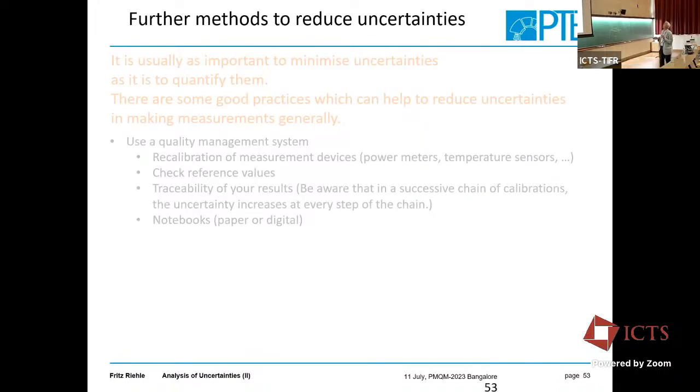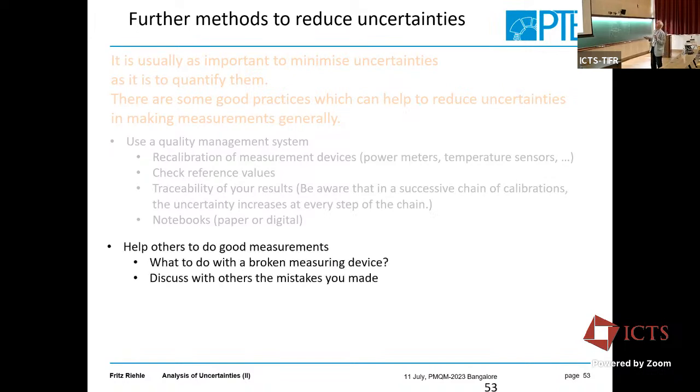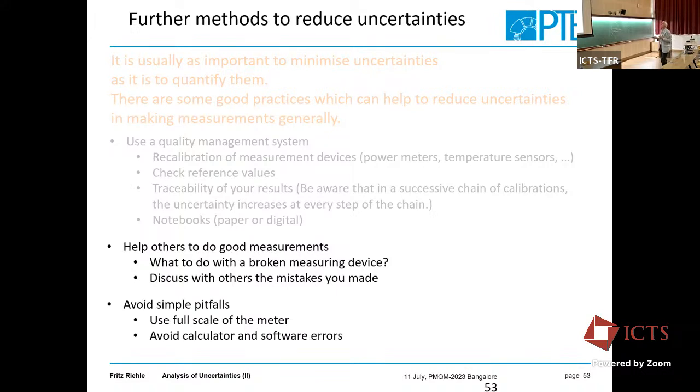Help others to do good measurements. What to do with a broken measuring device? Put it into the cupboard and close the cupboard, not the best way. Discuss with others the mistakes you made to help them. As I told you, some of the mistakes I made.